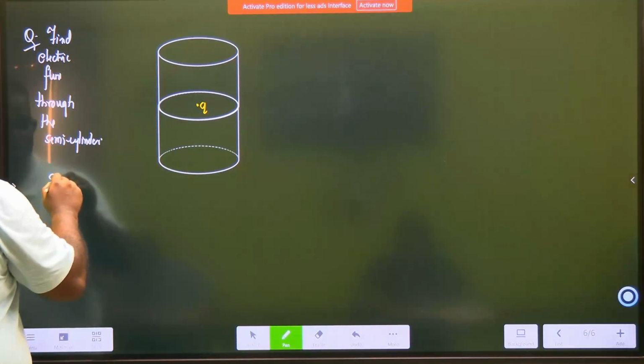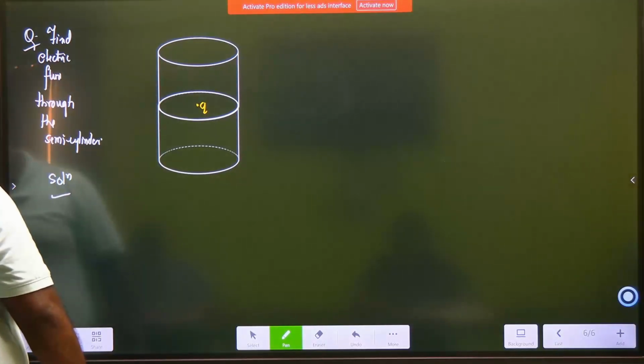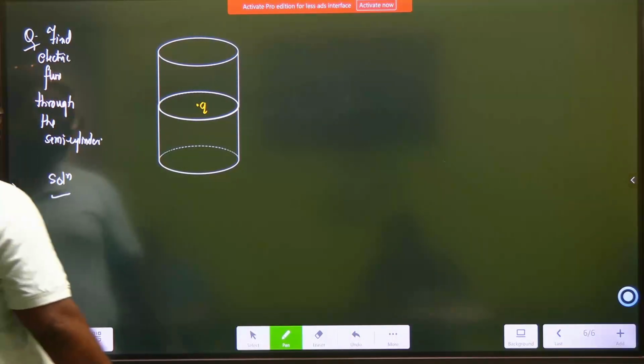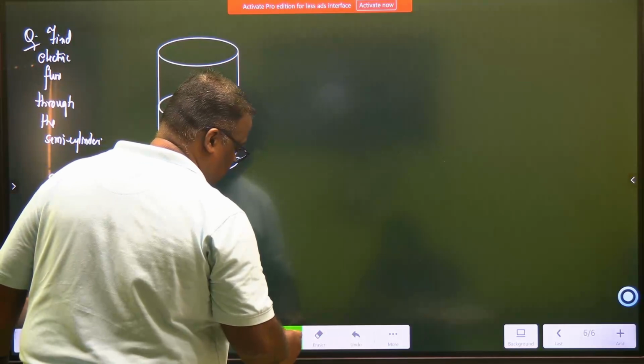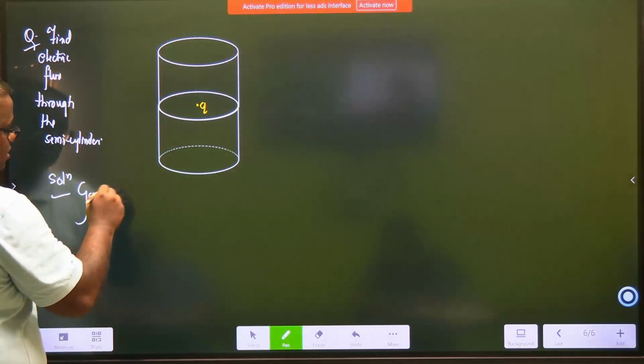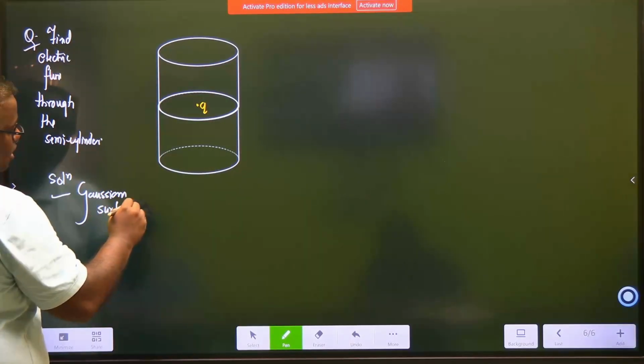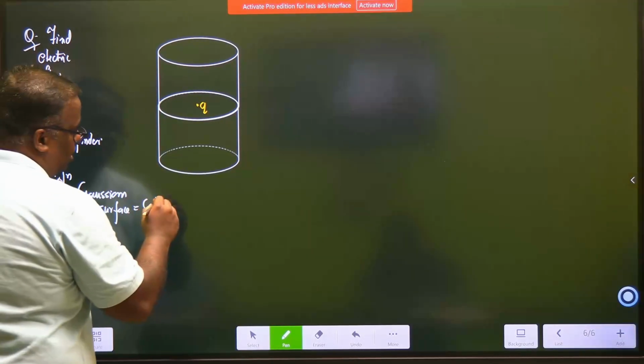My solution. So the Gaussian surface is taken in such a way. The Gaussian surface is a cylinder.